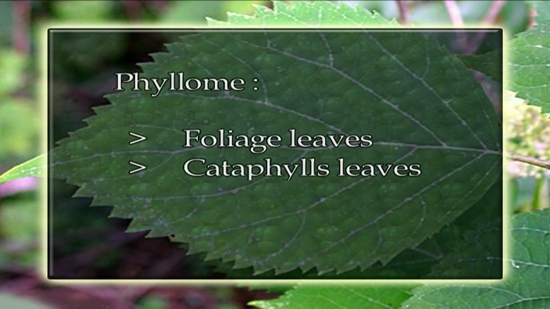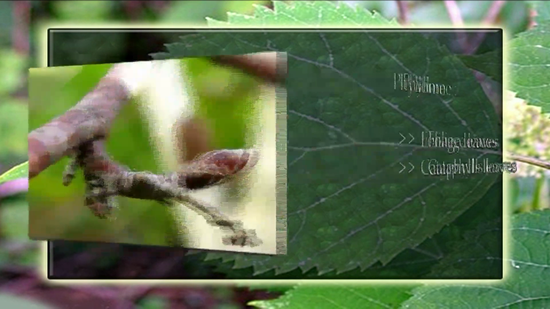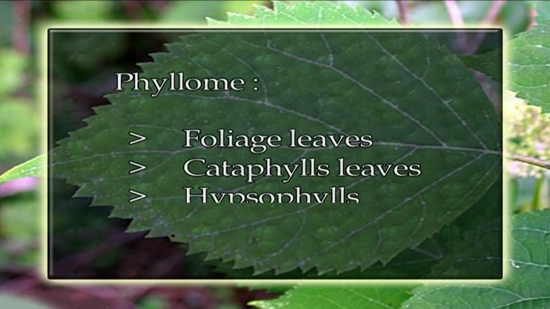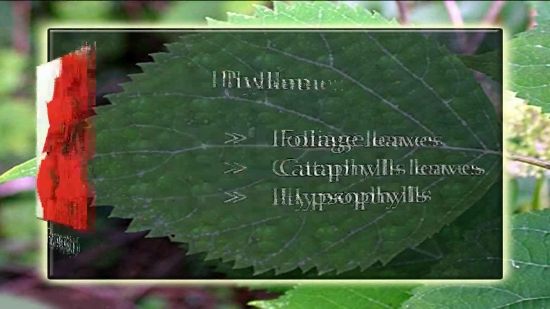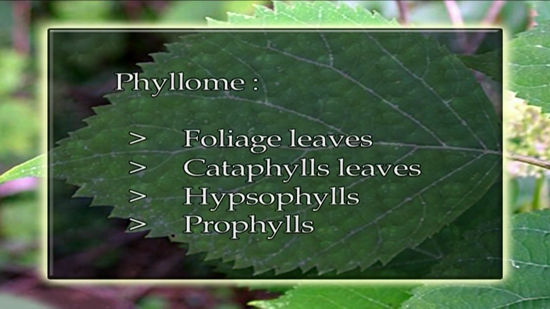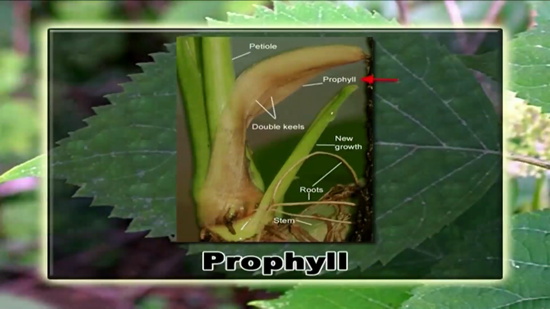Second, cataphylls, that is, leaves that appear on buds and on underground stems. Third, hypsophylls, various types of bracts that accompany the flowers. And fourth, prophylls, these are floral organs like sepals and petals and others.